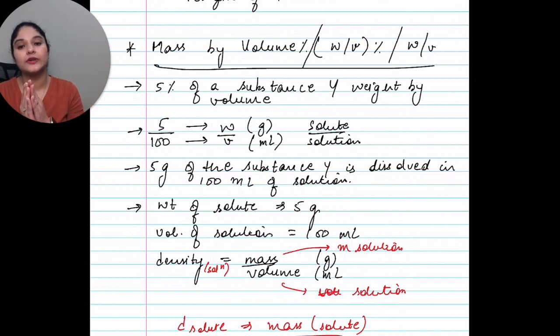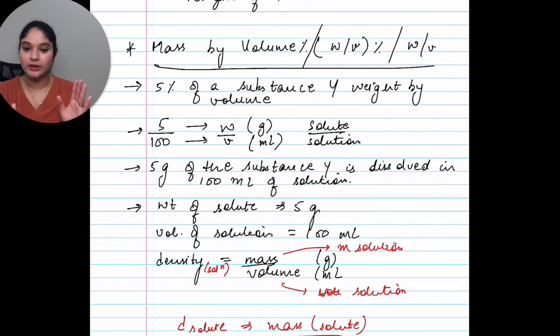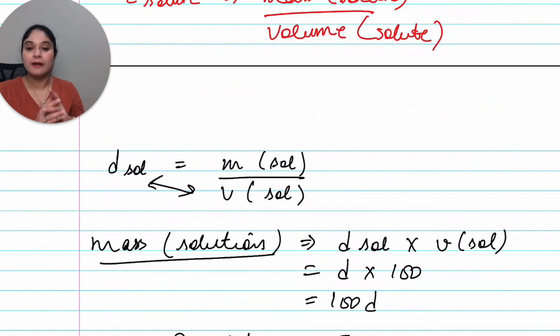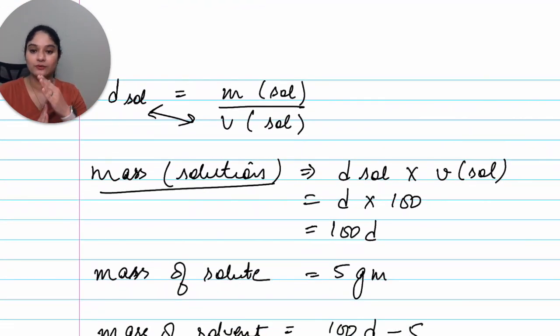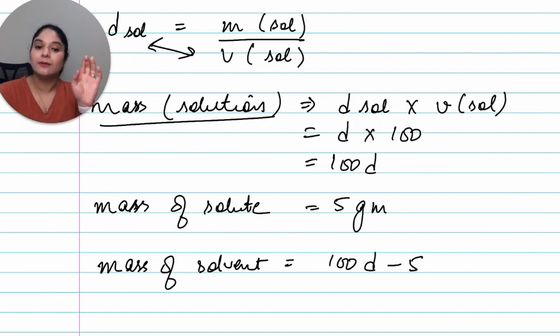If they have given it for the solution, then the mass and volume that you use both have to be for the solution. If solute is given, then mass by volume is supposed to be for the solute. Let's say you have the density of the solution, then mass of the solution is D times V, so you get 100 D. Mass of the solute we already know was 5 grams, so mass of the solvent will be 100 D minus 5. Okay students, I hope it makes sense to you.